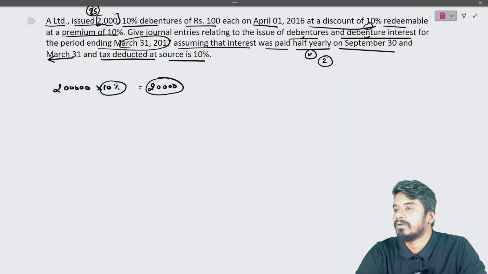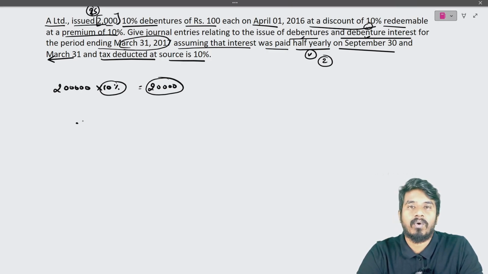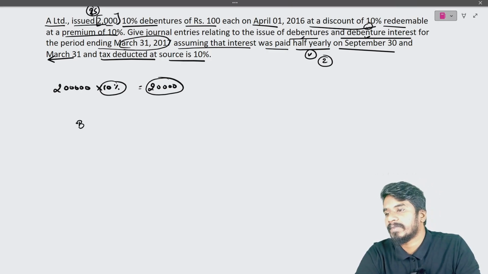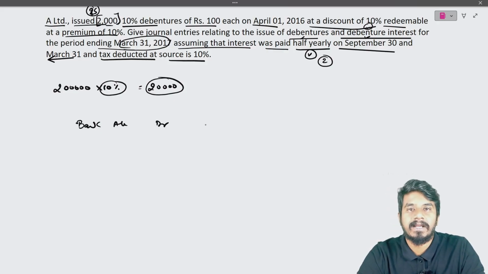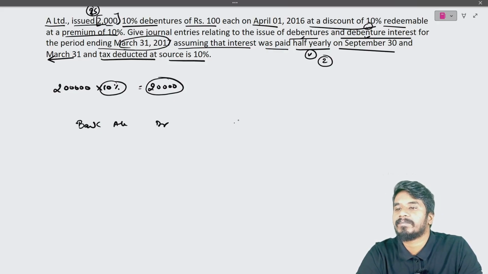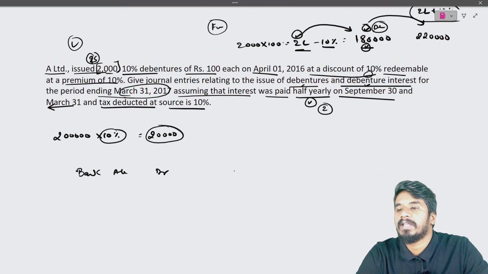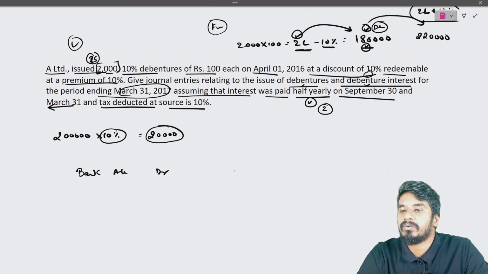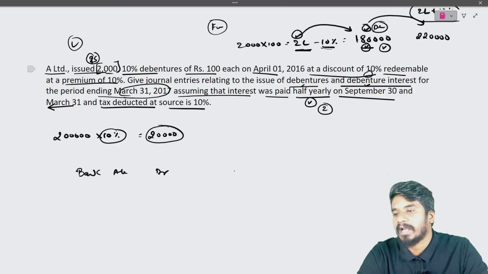You know this very well, you can journalize it very well. The first entry will be for the issue of debenture: bank account. We will receive the money to bank account, so bank account will get debited. For how much? They are issuing at 2 lakh rupees at a discount of 10%, which means we will receive only 1 lakh 80,000 in the bank account.